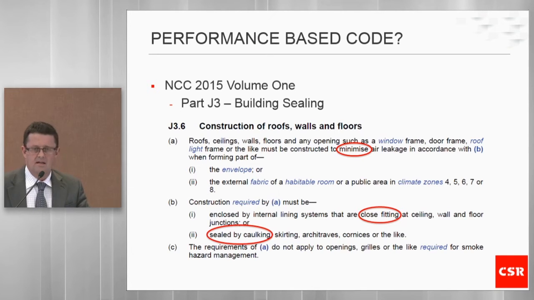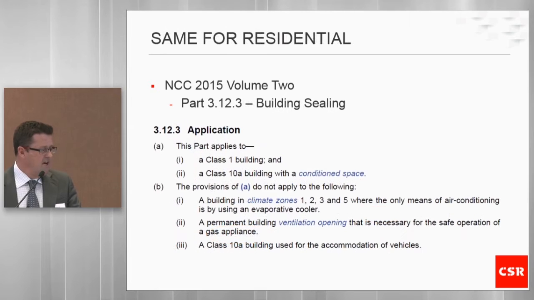I don't know how you would interpret this, but I don't actually suggest that that's really a performance criteria. Obviously it doesn't say maximise air leakage, it says minimise air leakage, but it doesn't actually set a datum of what type of air leakage or what number of air changes within the building we should be targeting. If we have a look at Volume 2, very similar.